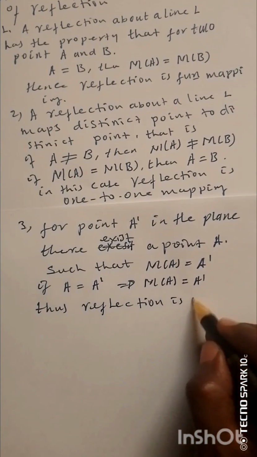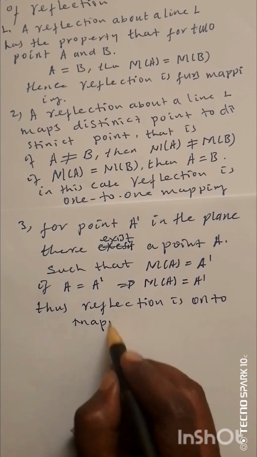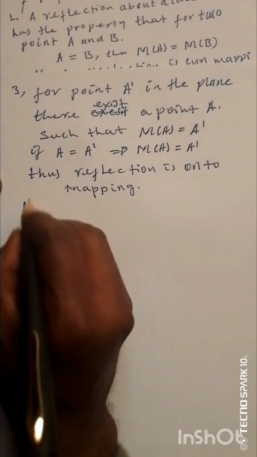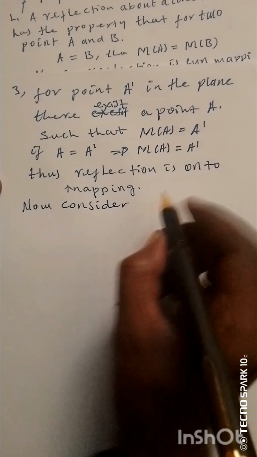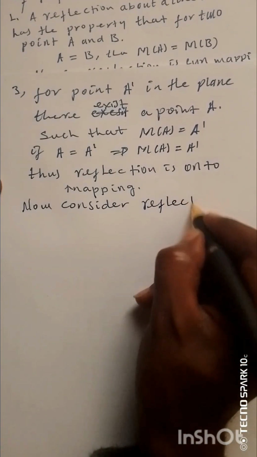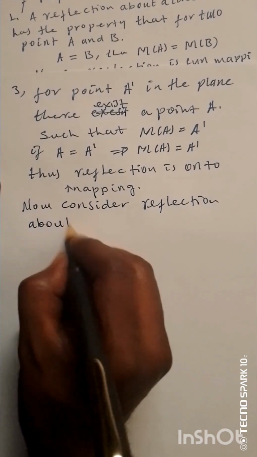Thus, in the third property, we say that reflection is said to be an onto mapping. So there are three properties of reflection: reflection is onto, one-to-one, and a function mapping.